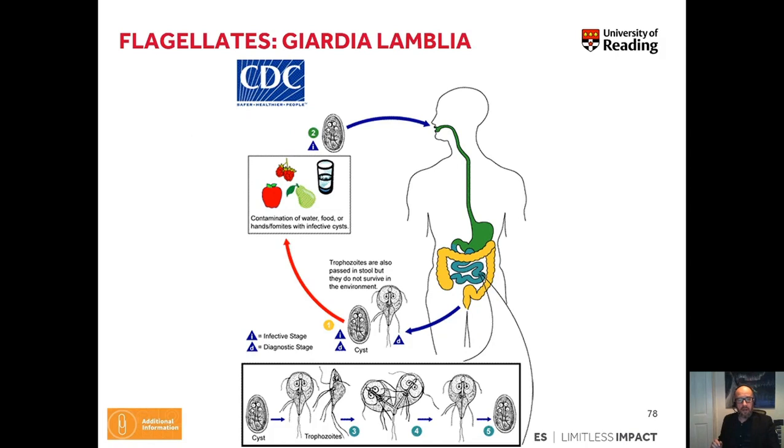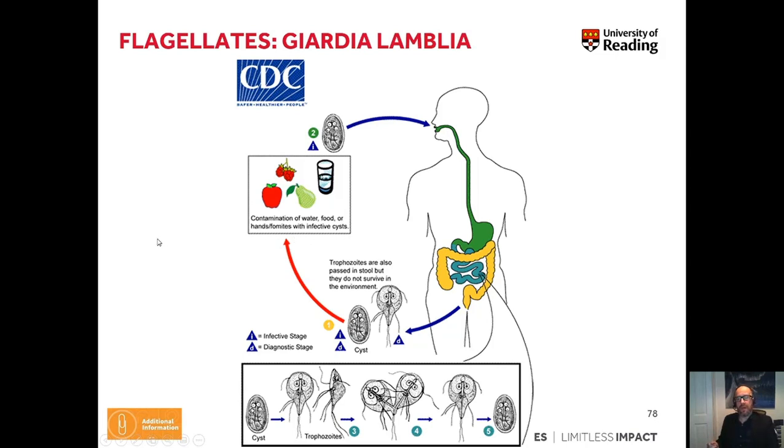The life cycle is slightly more complicated compared to other flagellates, so we certainly have cysts, and those cysts actually cause the infection. The infection usually occurs via contamination of water, food, or hands with infective cysts.